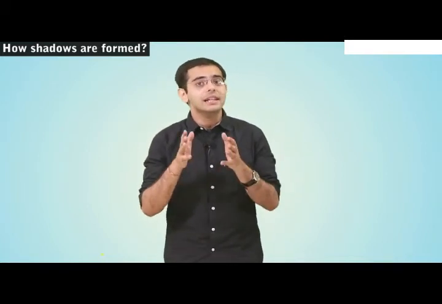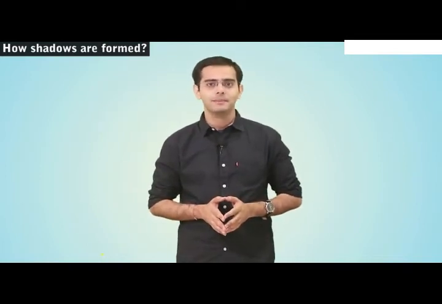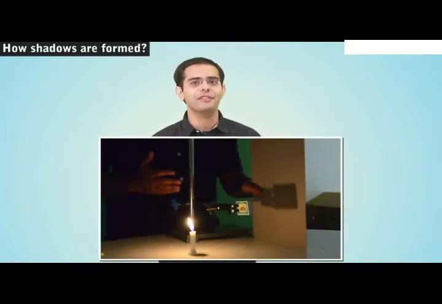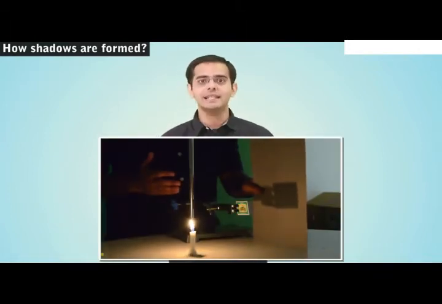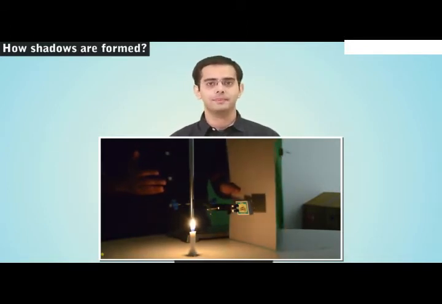Now here I want to add one more useful piece of information: it is not only the distance of the object from the light source which matters, but the distance of the screen from the light source also affects the size of the shadow produced. You see, the size of the shadow of an object decreases when the screen is brought close to the light source.